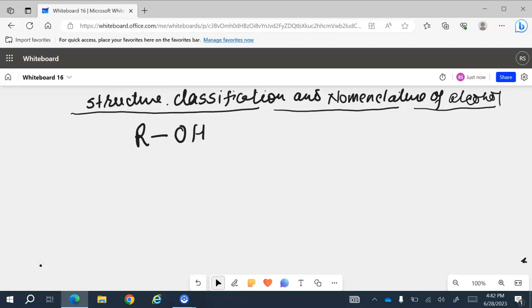Now, as you know from the Lewis structure, the oxygen is bonded with two bonds and it will possess two lone pairs of electrons. So in general, the structure of alcohol involves the oxygen atom bonded with one R group and the hydrogen, and with two lone pairs of electrons.